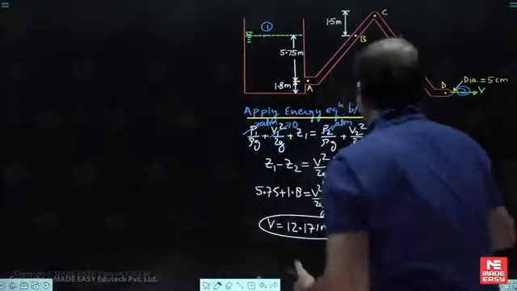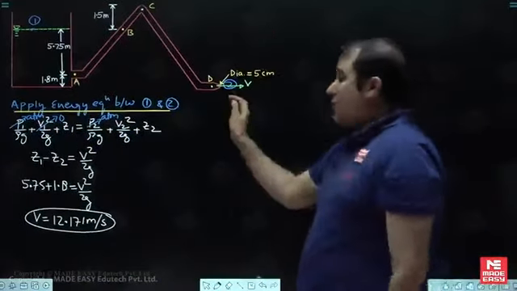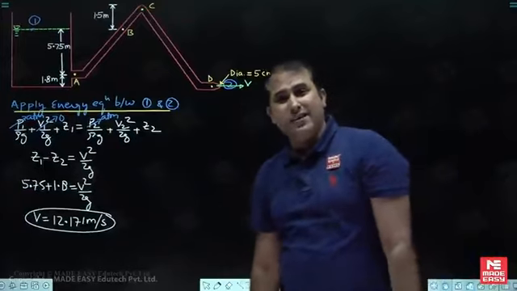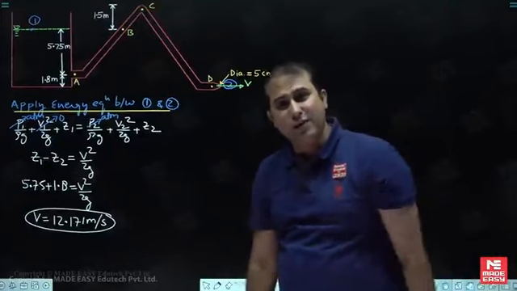Now my dear, the velocity has come. On the basis of the velocity, we can easily say about the discharge. Velocity multiplied by area gives you the value of discharge here.